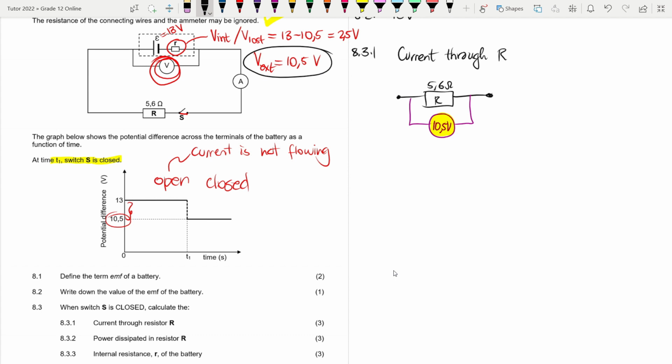If we only had the EMF and not the V external, then we wouldn't know what the voltage is, because there's also the internal resistance.